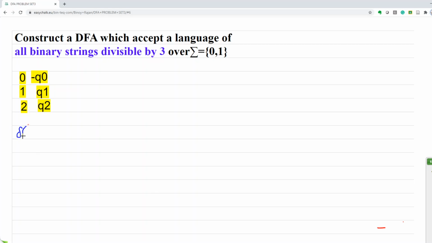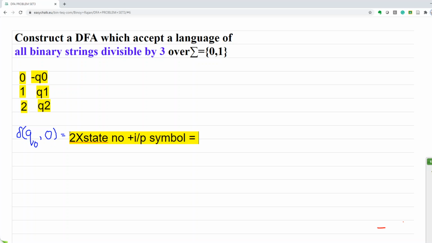So delta of Q0, 0 is calculated by using the formula: 2 multiplied with the state number plus input symbol.